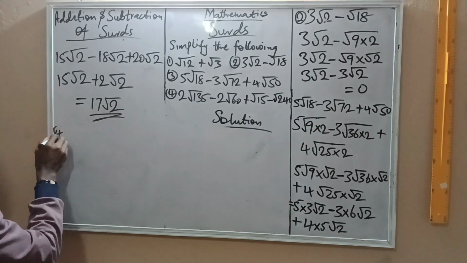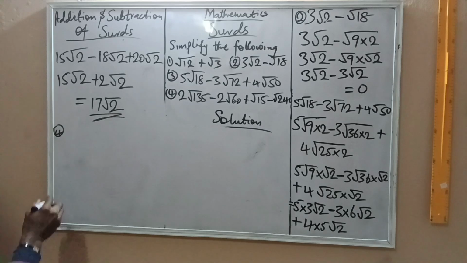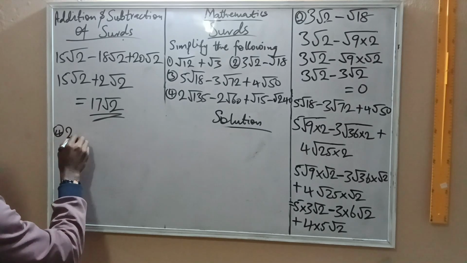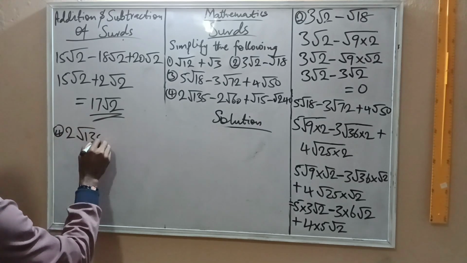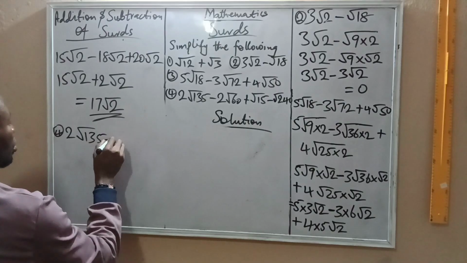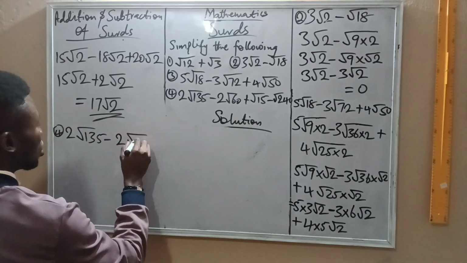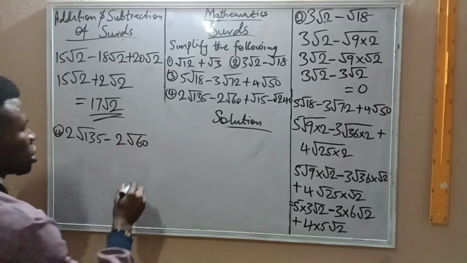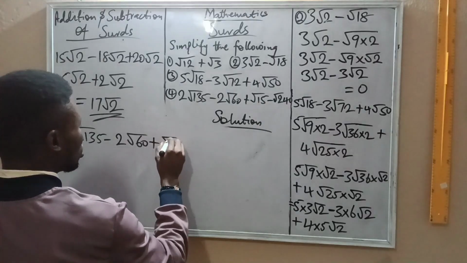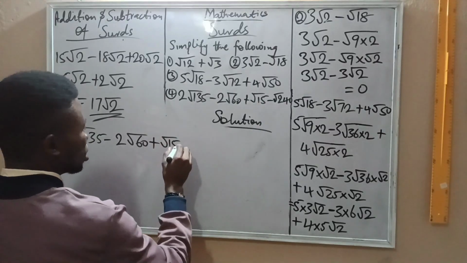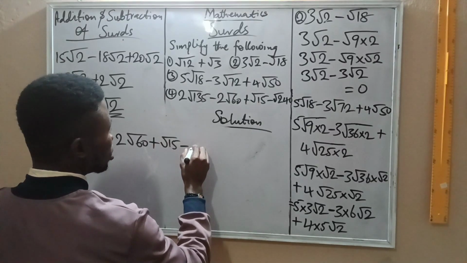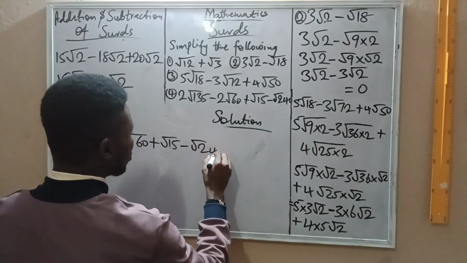The number 4 says 2√135 minus 2√60 plus √15 minus √240.